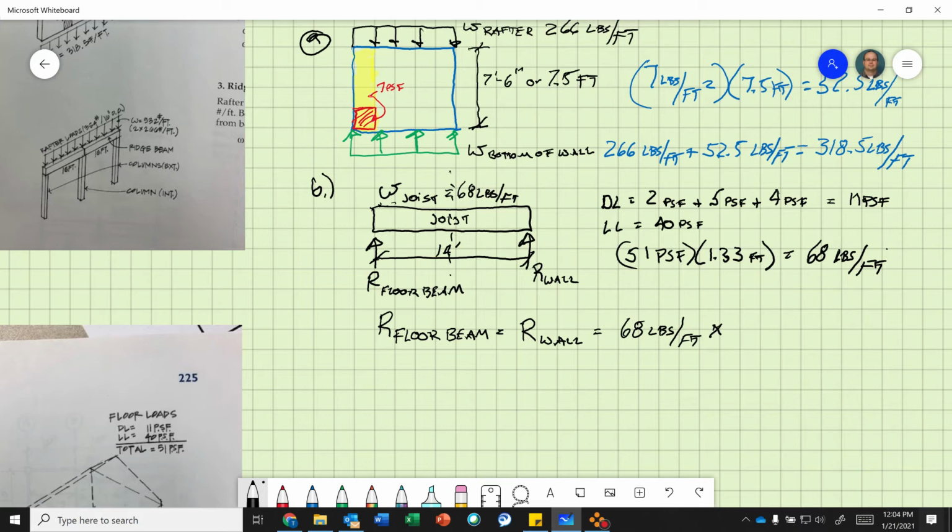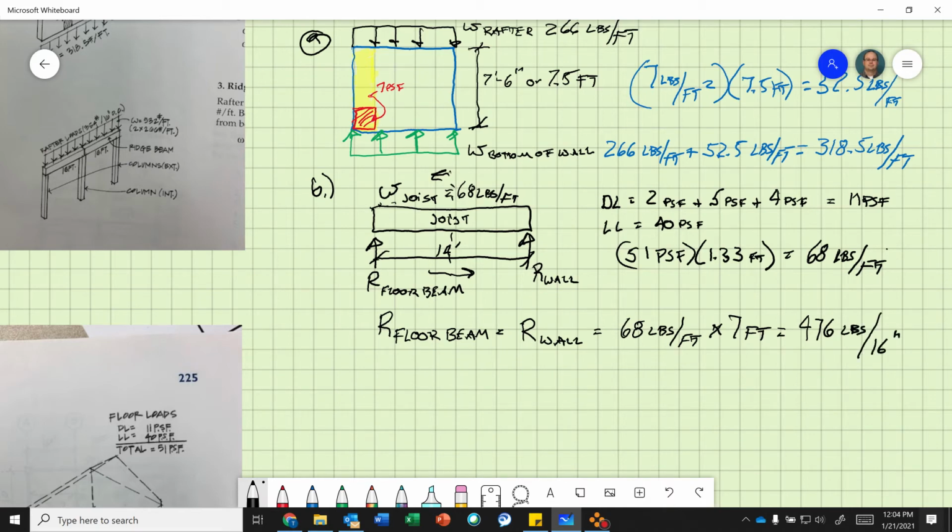Remember, if I divide this in half, half is going this way, half is going the other way, times 7 feet, and that equals 68 times 7, 476 pounds, 476 pounds every 16 inches.